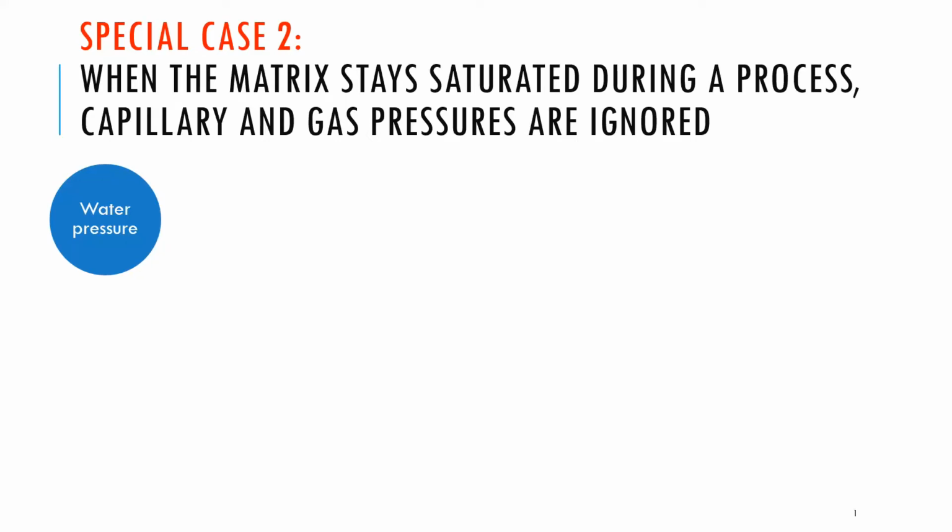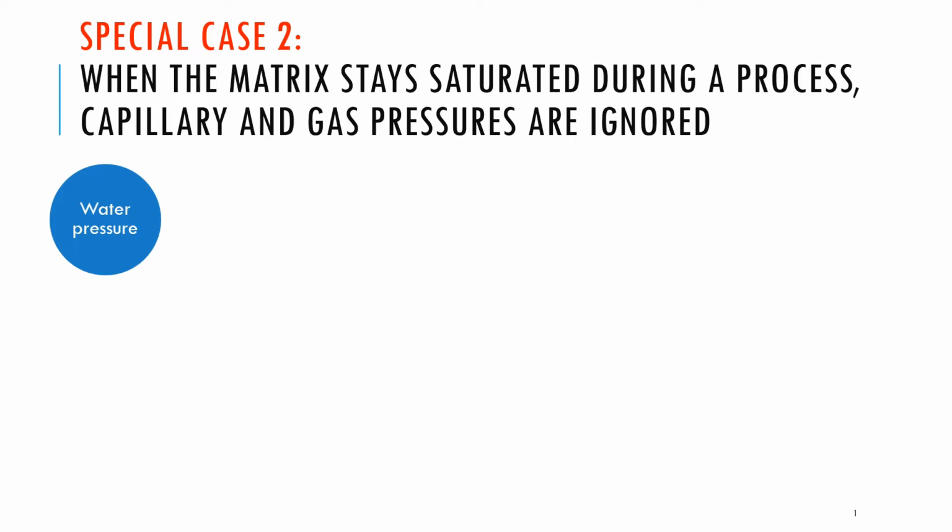So we did the water conservation equation for unsaturated porous media, where we considered capillarity and also gas pressure. Almost a complementary situation is when the matrix, instead of being unsaturated, stays saturated during the process.